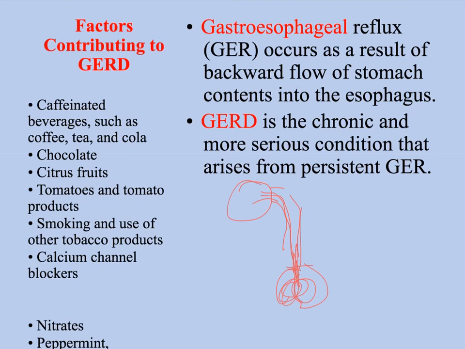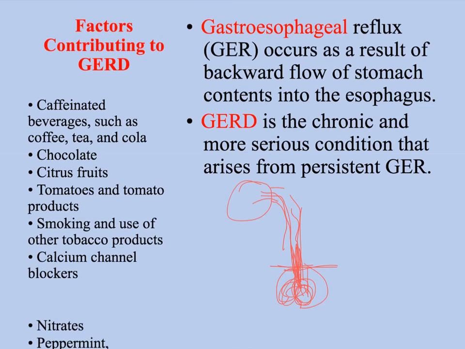There's one here that closes as the esophagus flows food through. There's a sphincter that closes and keeps whatever's in the stomach from coming back up. Sometimes these sphincters do not work adequately, and so it allows for some backflow of the stomach content, which is very acidic, and it causes damage to the esophagus, which results in gastroesophageal reflux.